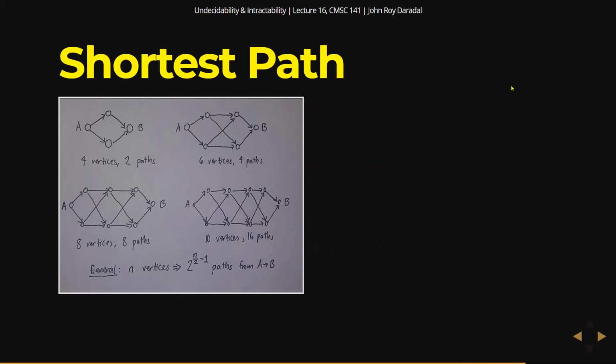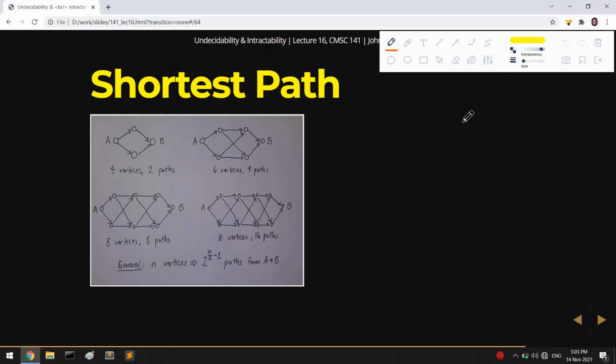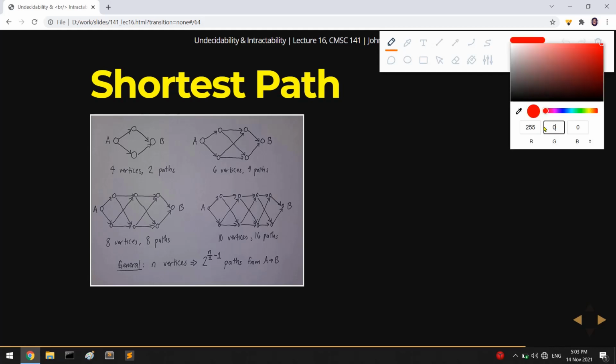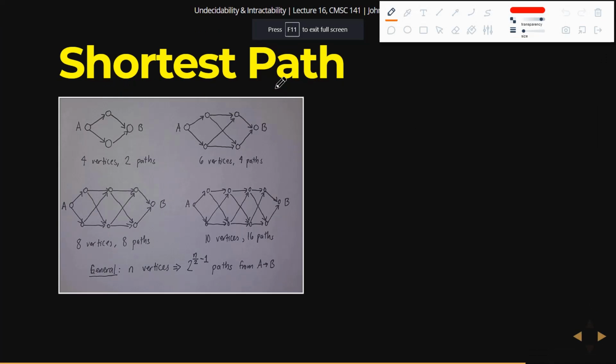So you've already encountered this, I think, in your discrete math or your algorithms class. For this first graph here, you have 4 vertices and you only have 2 paths, right? So you have the upper path here, 1, and the lower path, 2. So 4 vertices, n, and the paths are 2. That is the number of possible solutions.